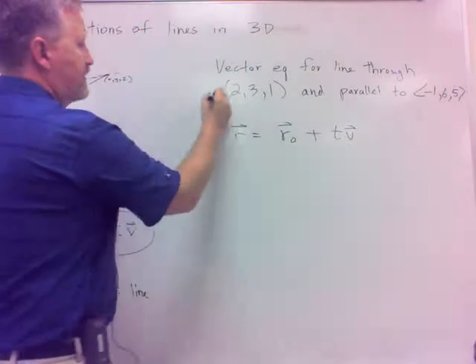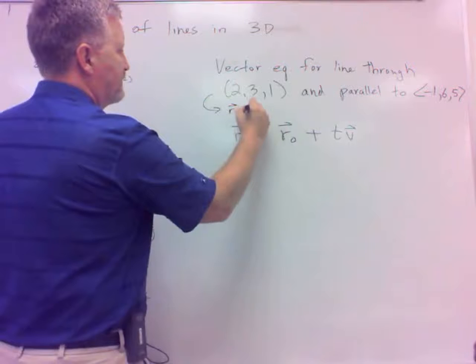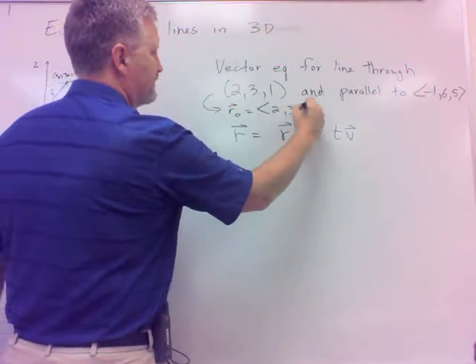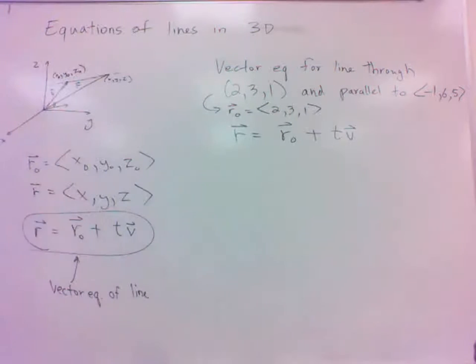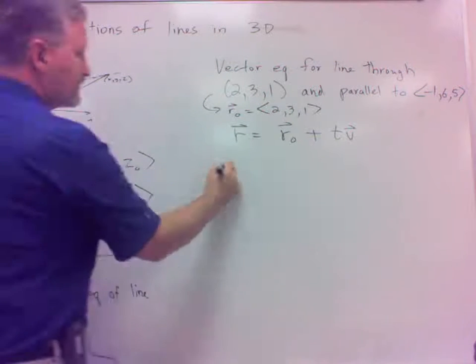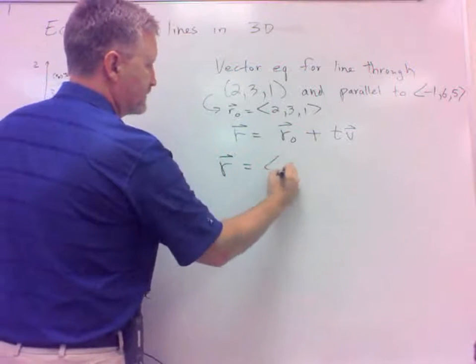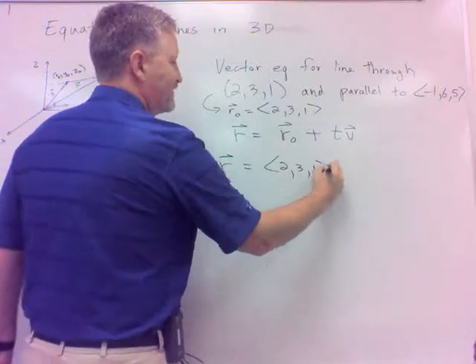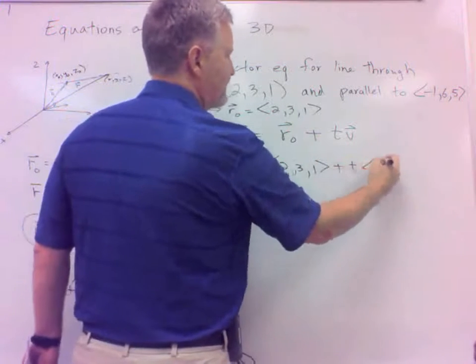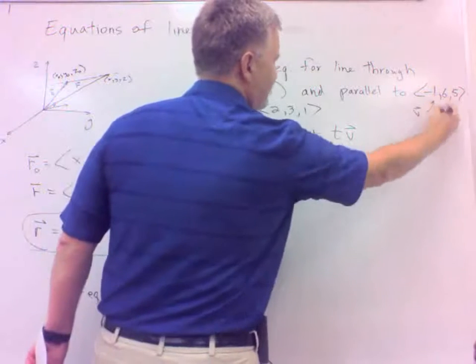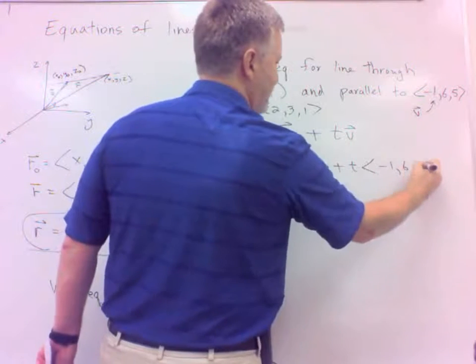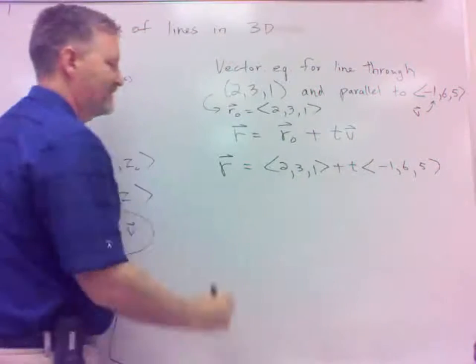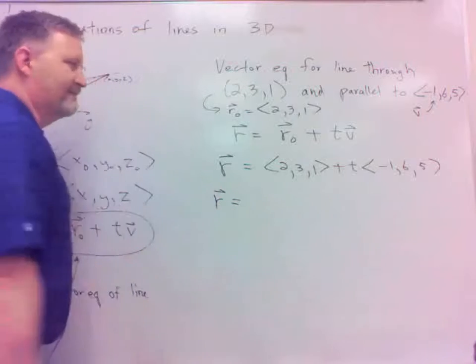So from that, the R0 vector would be just 2, 3, 1. Just turn it into a vector. So R would be 2, 3, 1 plus t times the v vector. Well, this is the v right here, right? -1, 6, 5.